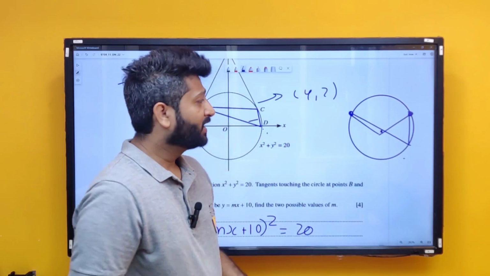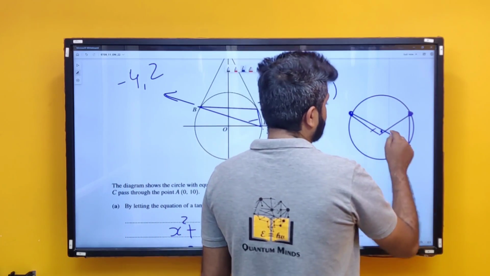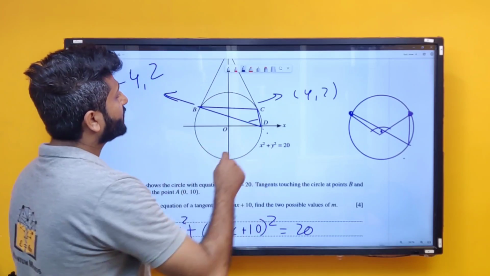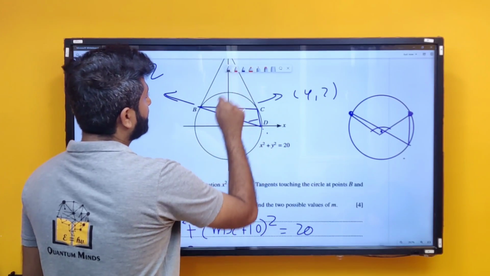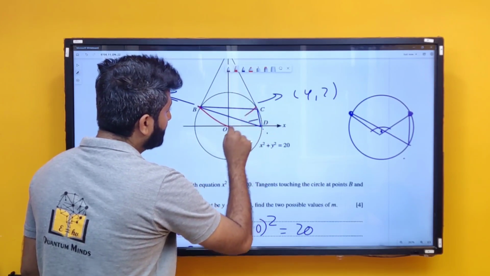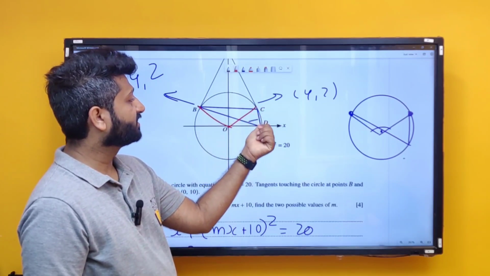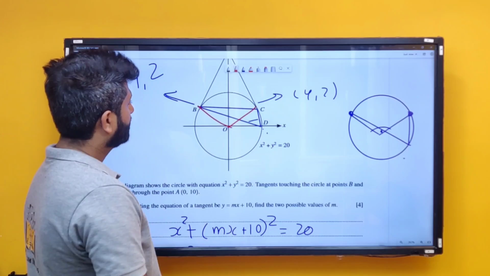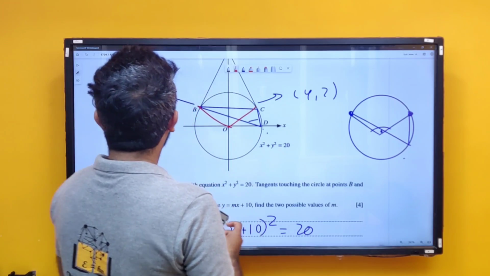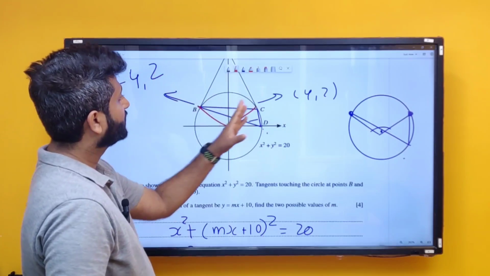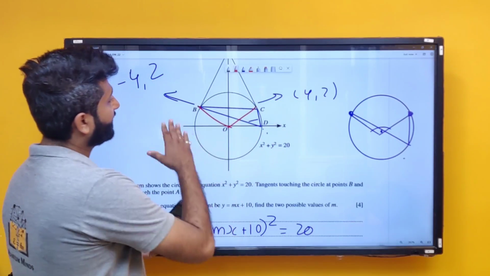Now guys, we know that angle formed at center is twice the angle formed at circumference. So what we can do is we can find out this angle, angle BOC. If we have angle BOC, then half of angle BOC will give me angle BDC. I think that will be a bit easier because this is minus 4 and 2, and this is 4 comma 2.